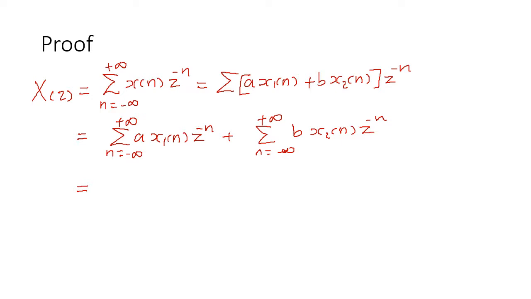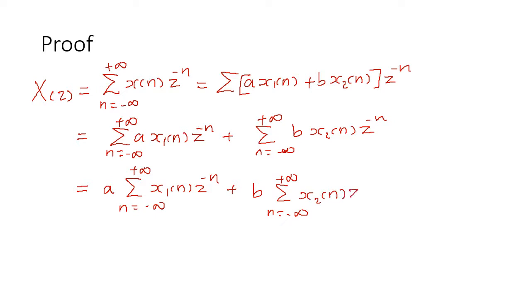Therefore, I can rewrite this as a into summation from n equal to minus infinity to plus infinity x1 of n z raised to minus n plus b summation n equal to minus infinity to plus infinity x2 of n z raised to minus n. Fine? Good.